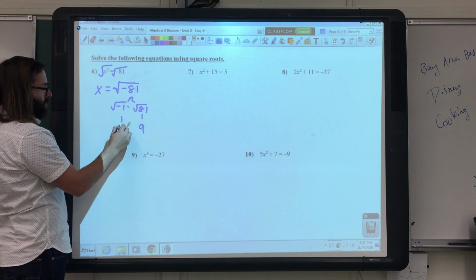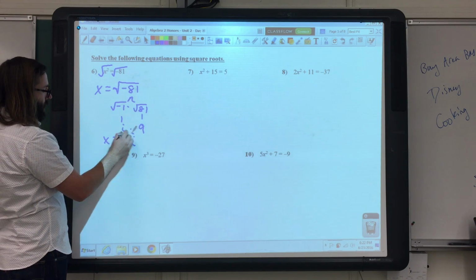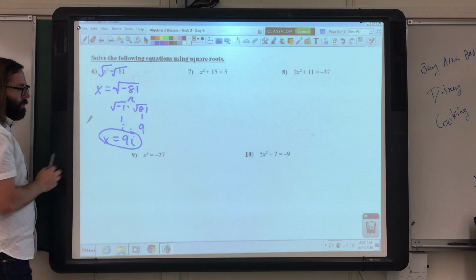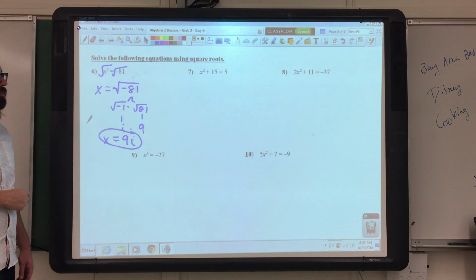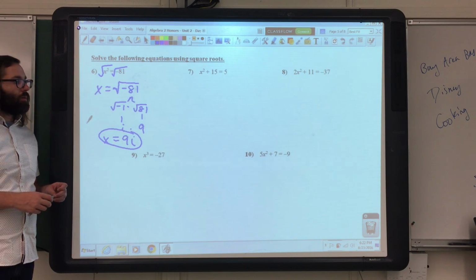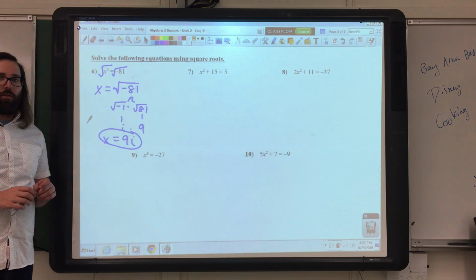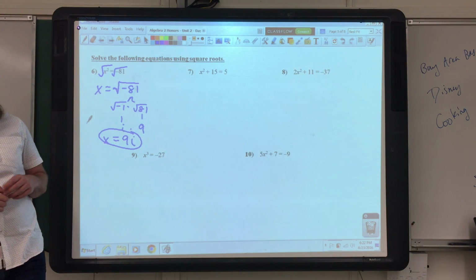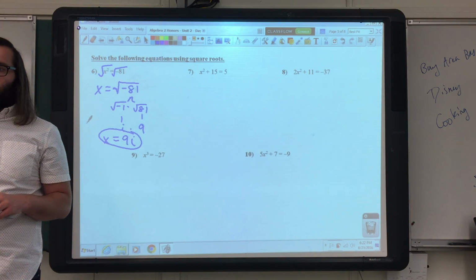We know that this is i. So x is going to equal 9i. Right, so in your groups, work on 7, 8, 9, and 10. A couple minutes in your groups.